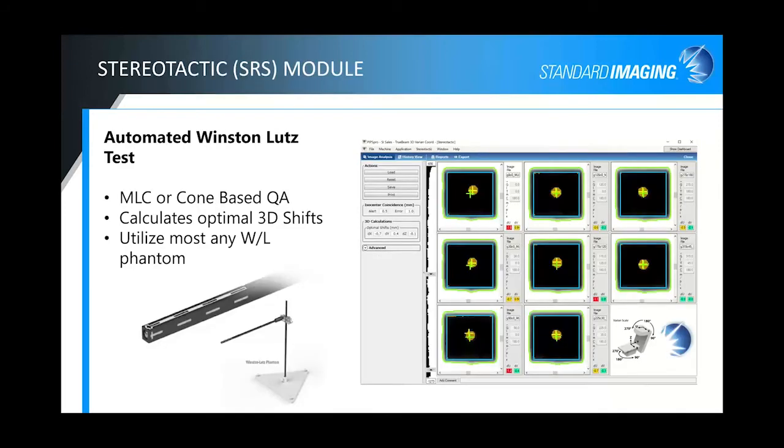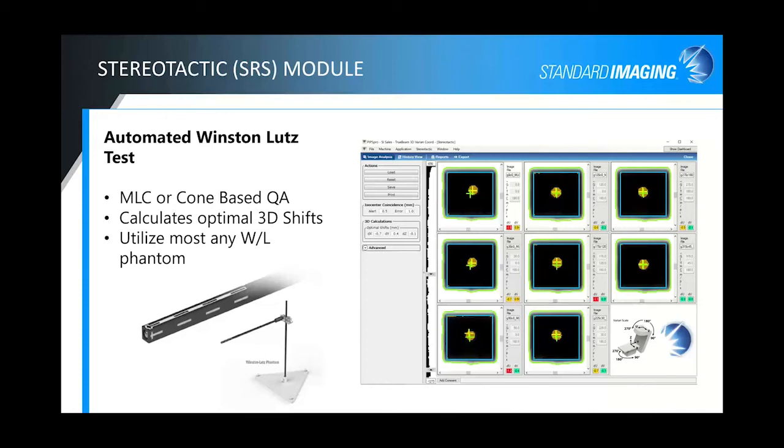The automated Winston-Lutz test, basically this can be either MLC or cone-based QA, and you bring in your 8 images. You can see the images on the right. The green notes the radiation field edge that was detected. The green cross is the center of the radiation field. The yellow cross is the center of the ball marker for the Winston-Lutz test.